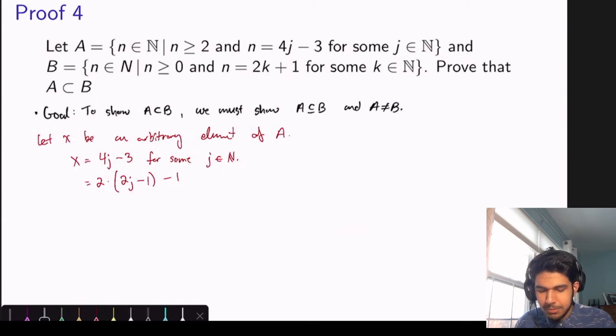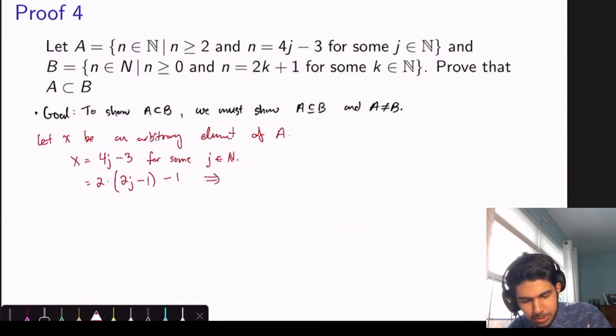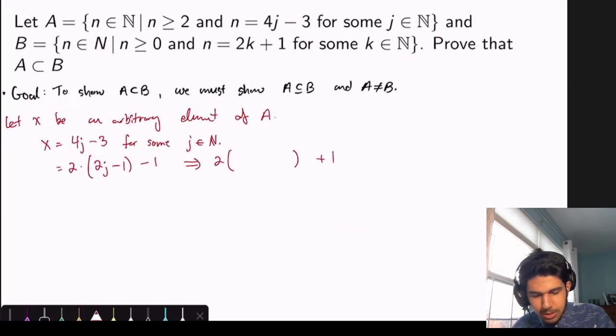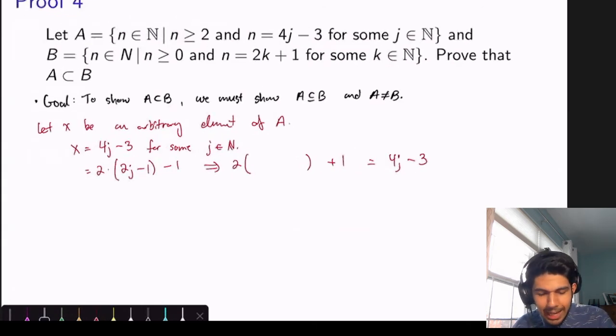So in order for it to be plus 1, let's think about how we can alter this a little bit. So we want this to be equal to 2 times something plus 1. And this should be equal to 4j minus 3. So if we're adding 1 to get 4j minus 3, then this 2 times something should be equal to 4j minus 4.